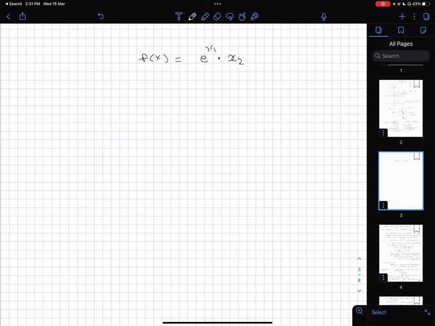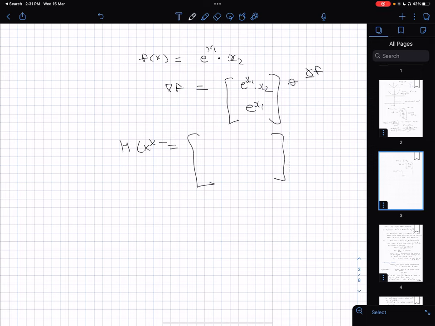If you take its gradient vector, it is e to the power x1 times x2 and e to the power x1. Now if you write its Hessian matrix, then this is del f with respect to del x1, this is del f with respect to del x2.